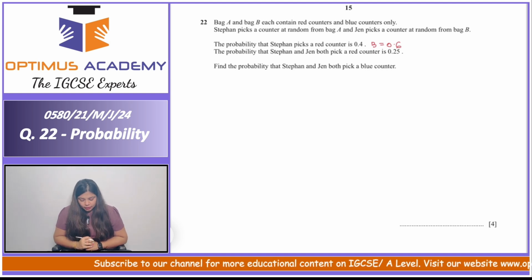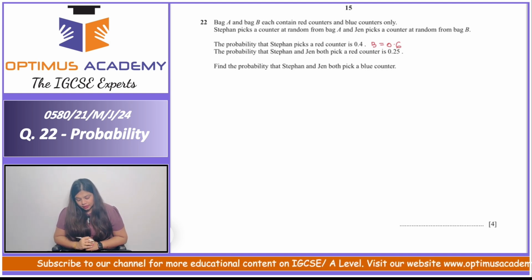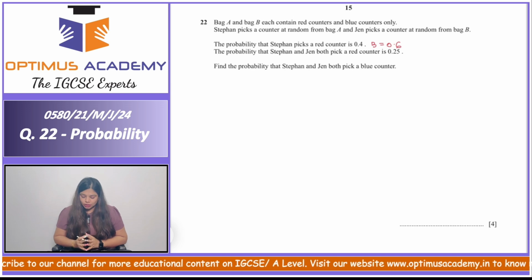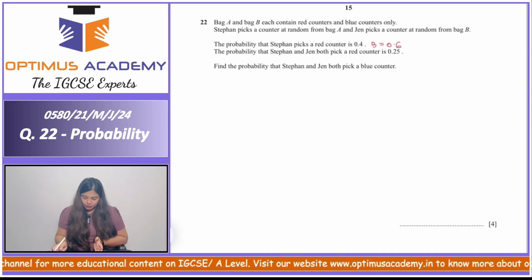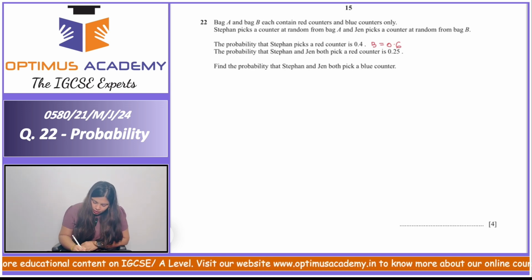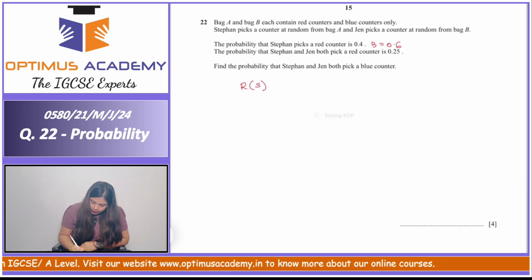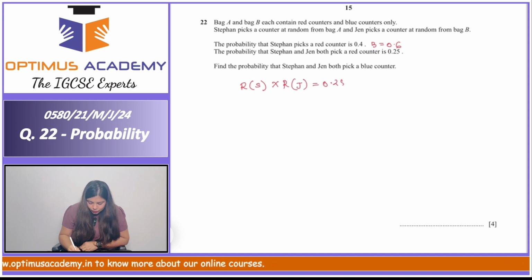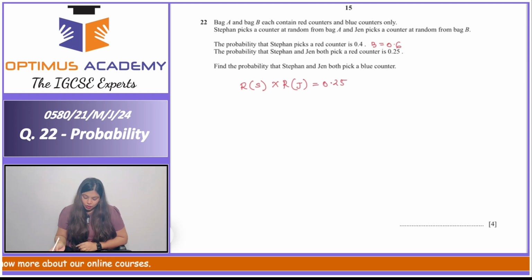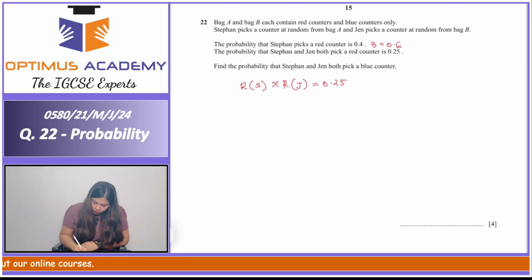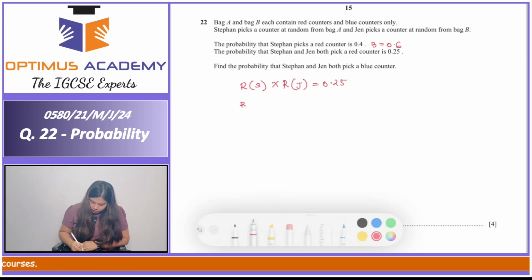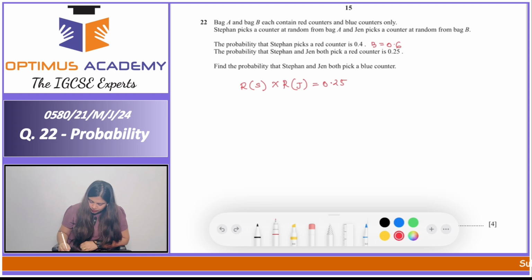Now, they are saying the probability that Stephen and Zen both pick a red counter is 0.25. That means red from Stephen into red from Zen is equal to 0.25. We already have the red counter probability from Stephen, so we would substitute Stephen's value here.